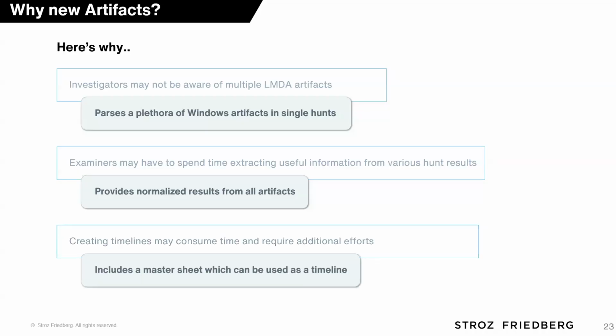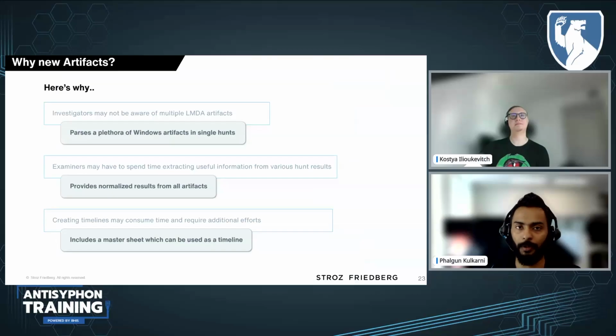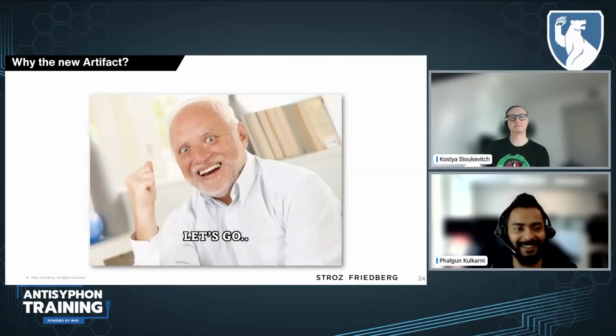And third, last but not least, it includes a master sheet, meaning all the results from all the artifacts are combined into a single sheet, in a timeline format, so you can easily use that to plug and play with your overall DFIR timeline. Now that's me after discovering and using Lambda. I'm not that bored though.